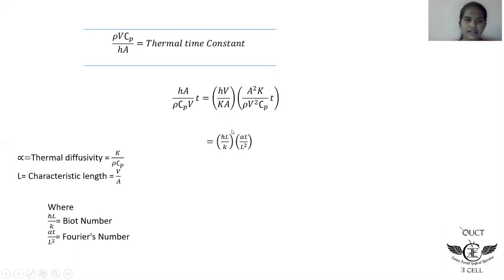Here, what are L and alpha? L is known as the characteristic length, which is the volume of the body divided by the surface area of the body, and alpha is the thermal diffusivity, k by rho Cp. And hL by k and alpha t by L square are the Biot number and the Fourier number.